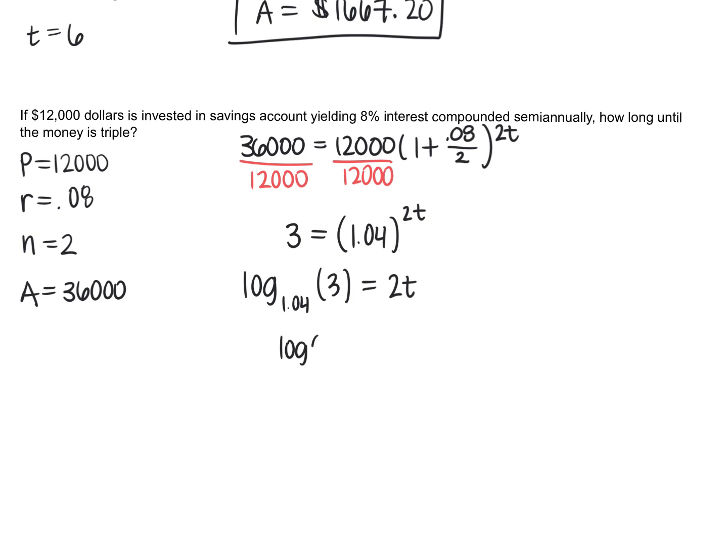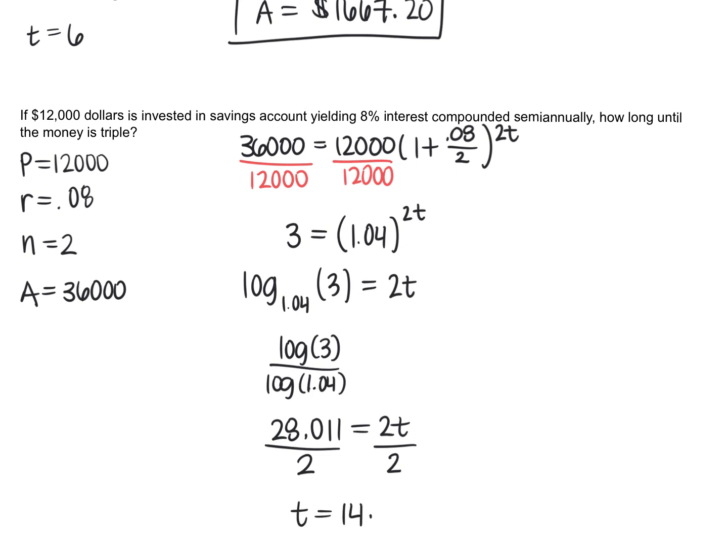Evaluating using change of base, we'll do log 3 over log 1.04, which will give us 28.011. That equals 2t. Then my last step is to divide by 2, and t is going to be 14.01 years.